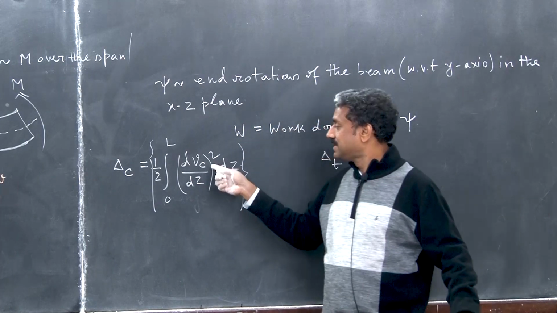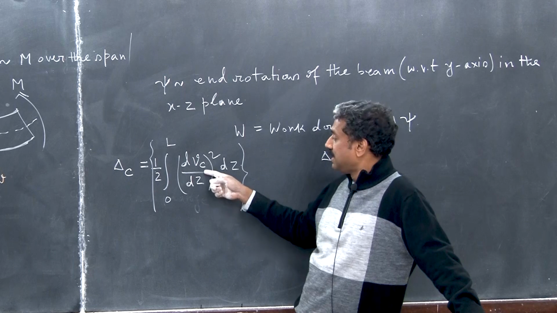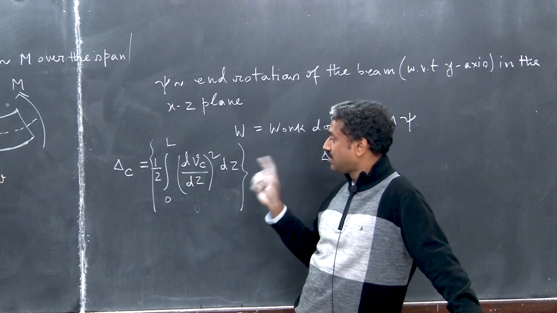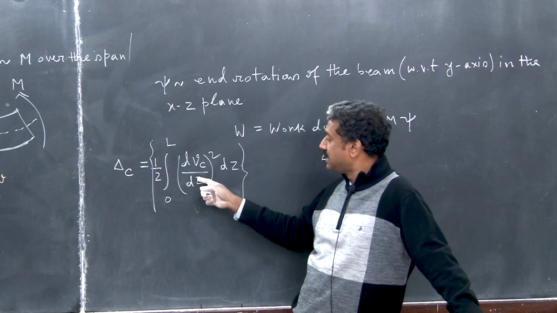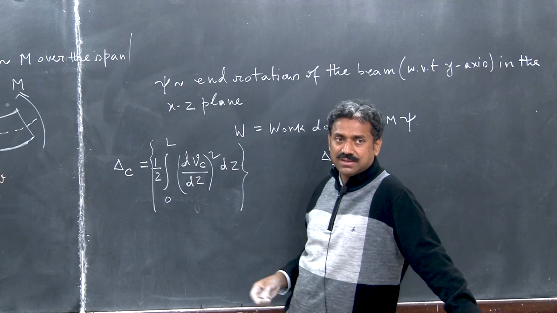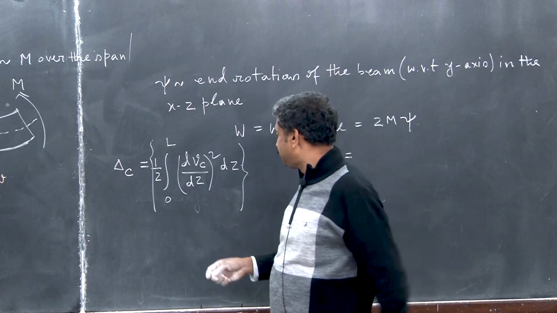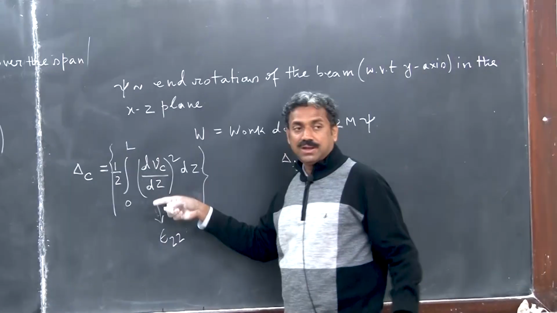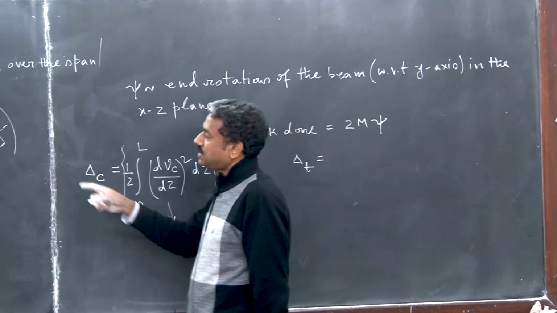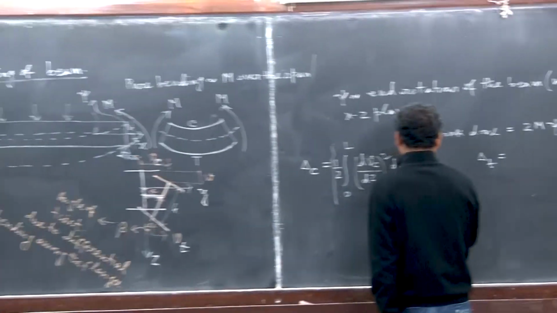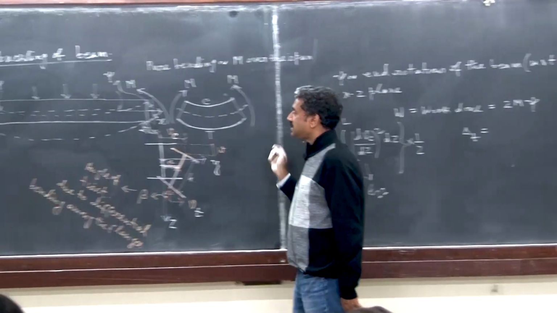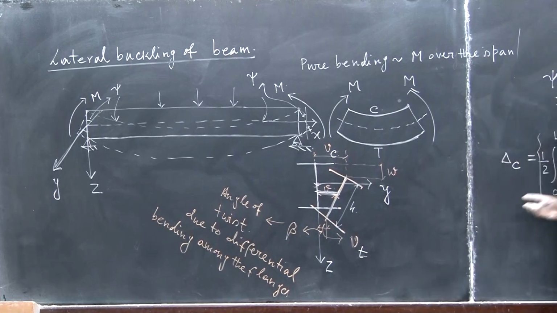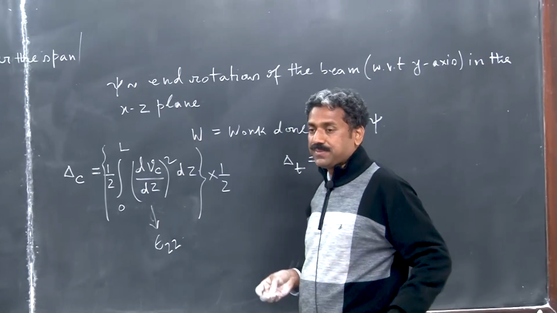This is nothing but epsilon z, the axial strain, that means along z, right? And half of that. If I want to consider only one plate, then it is multiplied by half, because this is contracting at both ends, right. So, this is total half of that. Is that fine?